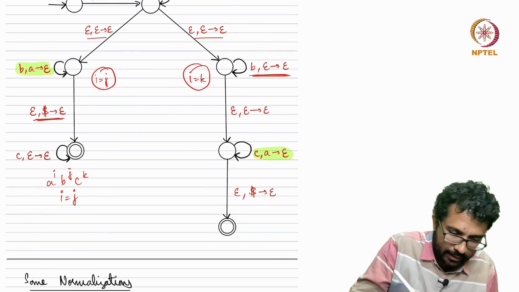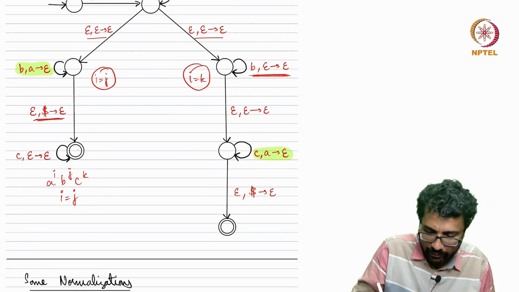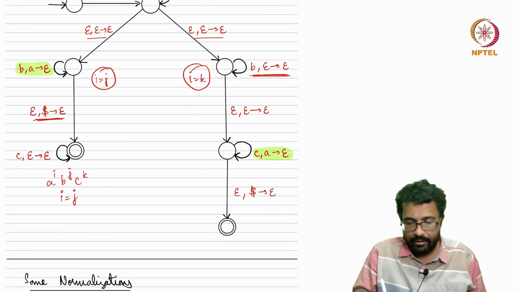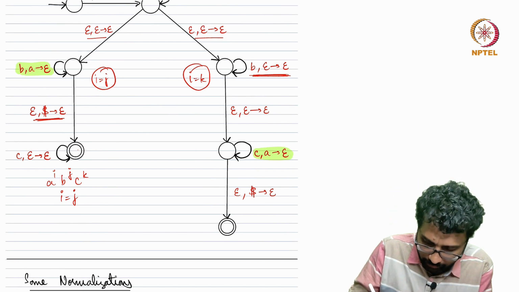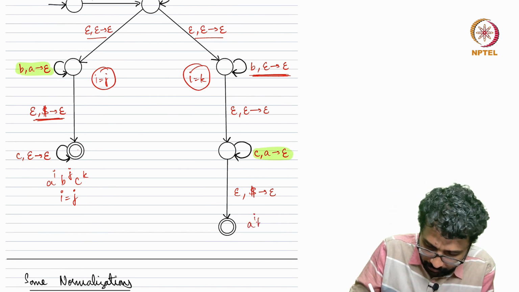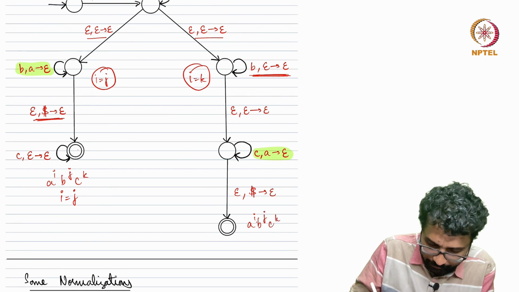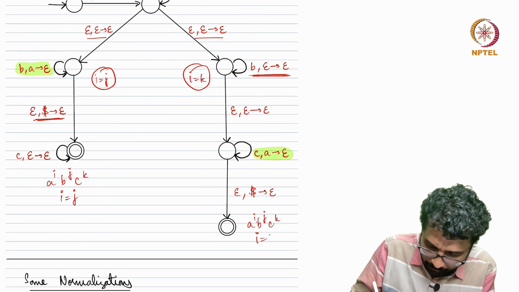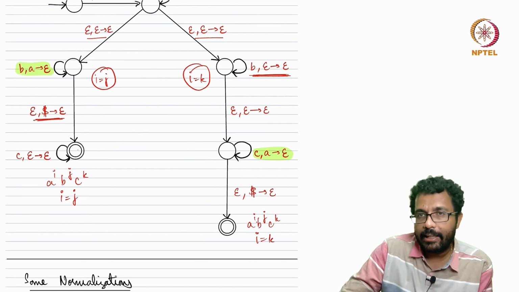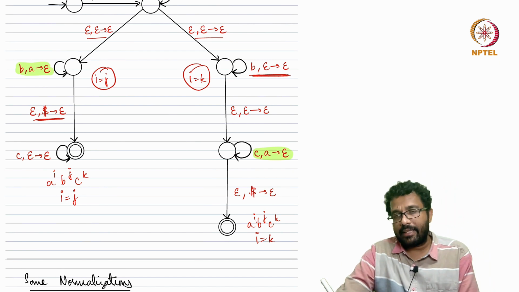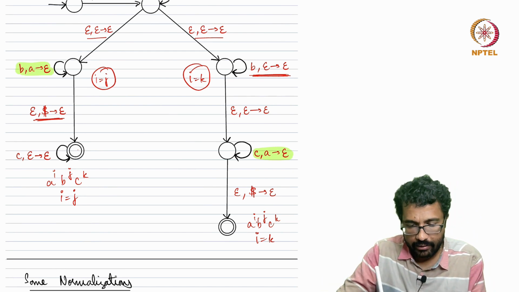So the only strings that reach the last state here, the accepting state on the right side, are of the form a power i, b power j, c power k, where i equals k. So the number of b's doesn't really matter because it doesn't touch the stack.